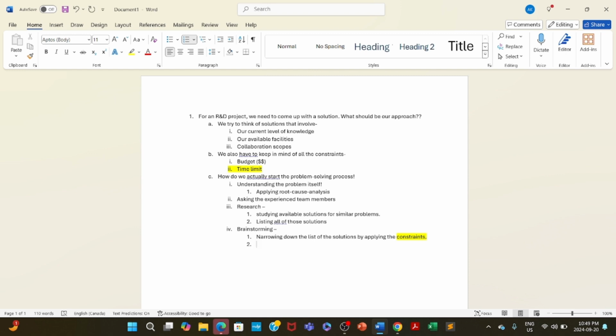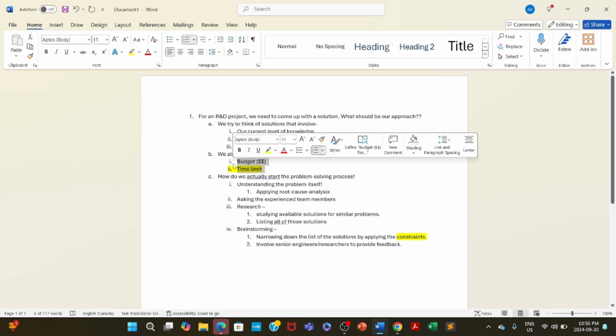Also, you can do another thing. You can involve senior engineers and researchers to provide feedback. You may come up with 10 different solutions, and you figure out that five of them are not actually within the scope because they don't align with the budget or the time limit.